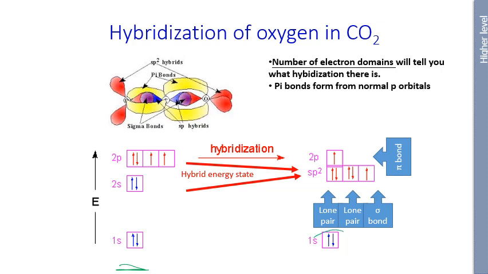So 2s stays where it is. The sp2 hybridized orbital now has 2 lone pairs and 1 unpaired electron, which can form a sigma bond, and the p orbital ends up with just 1 electron, which can form a pi bond, which is indeed what we see here on this particular oxygen.